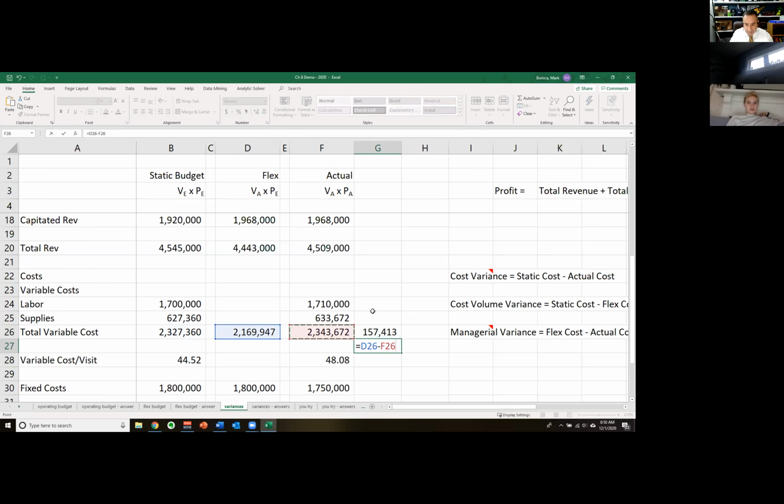So comparing now the change based on price, the impact of an increase in cost per visit generates 173,000 if you're isolating the impact of price per visit versus volume. And if we add those two together again, we're going to get the actual difference.